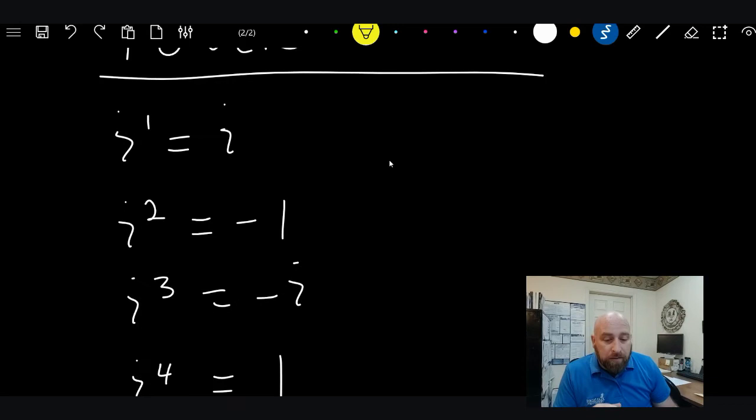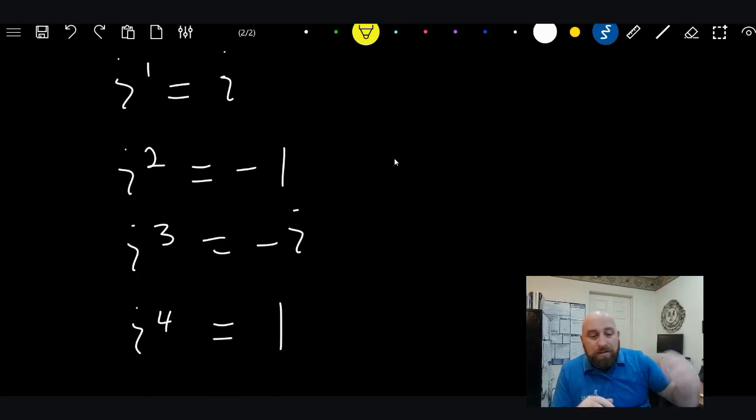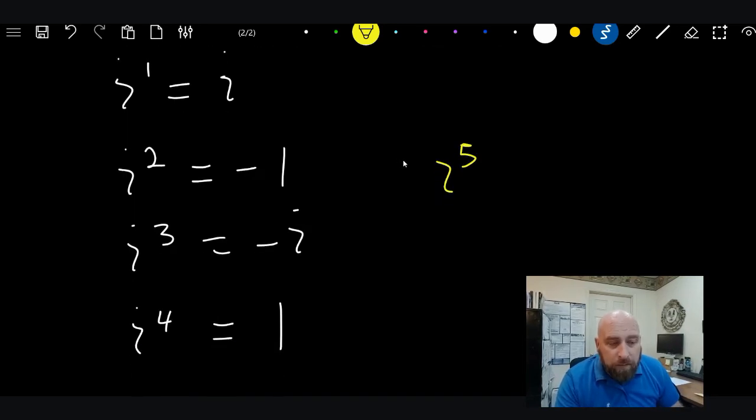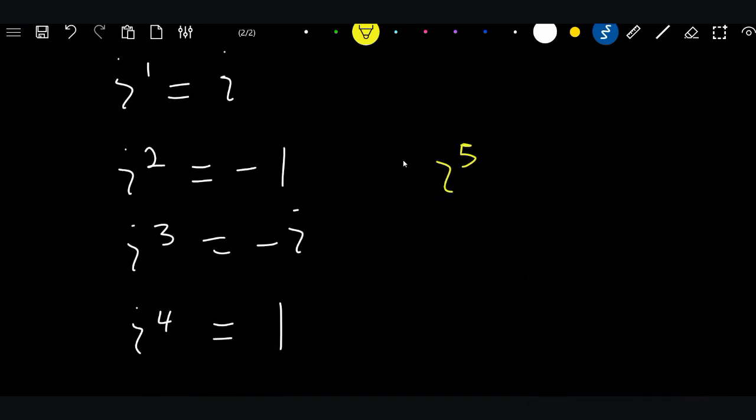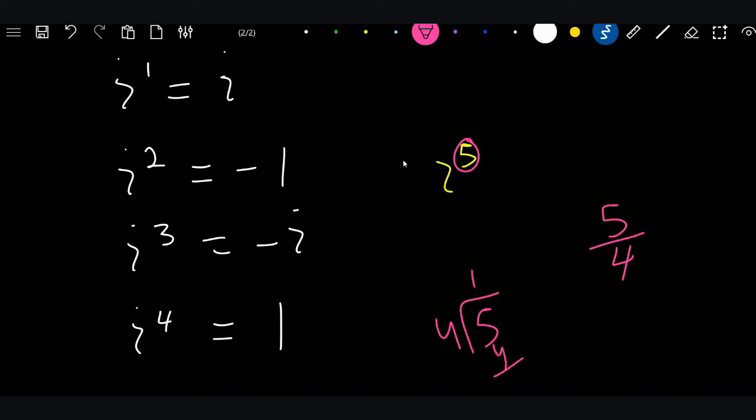Now here's the neat thing about this. The cycle just keeps continuing around in a circle. So for example, if I give you i to the 5th power, here's what that would be. This is the easiest way that I tell students to do this. Take the exponent and divide it by 4. So 5 divided by 4 gives me 1, with a remainder of 1.